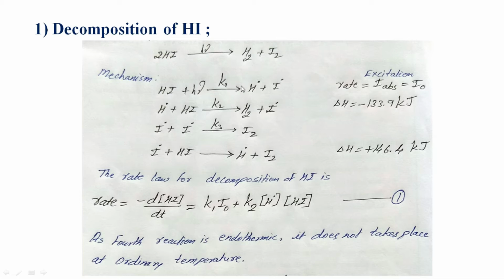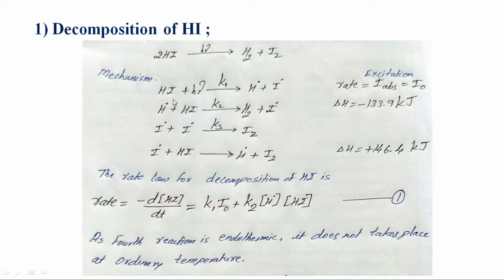Let us consider K1 is a rate constant and the rate of a first step is equal to I naught, that is intensity of incident radiation, into rate constant. Now since we got these free radicals, hydrogen free radical and iodine free radical, these free radicals are highly unstable.